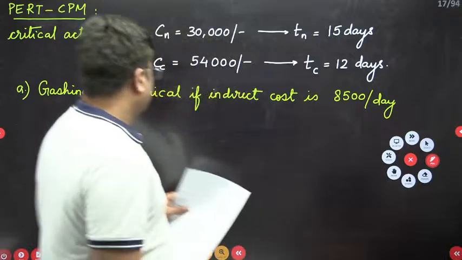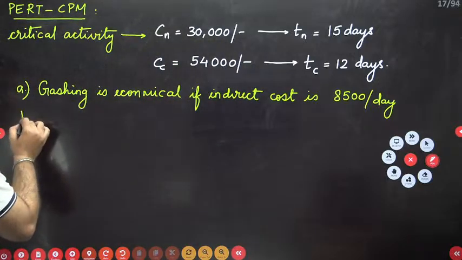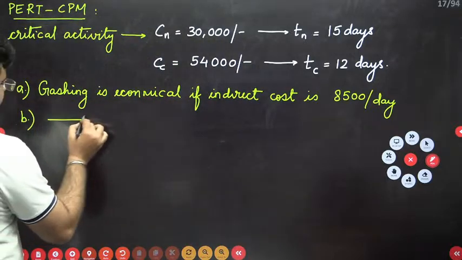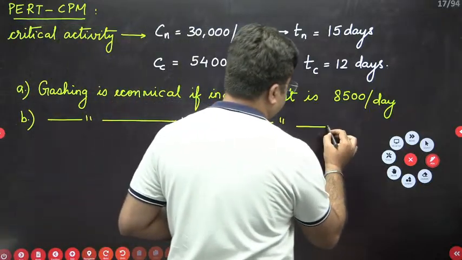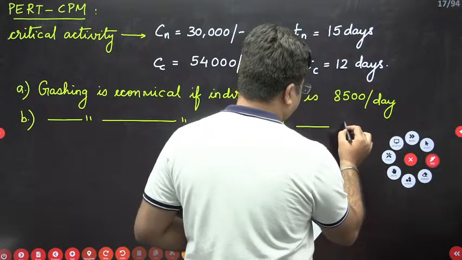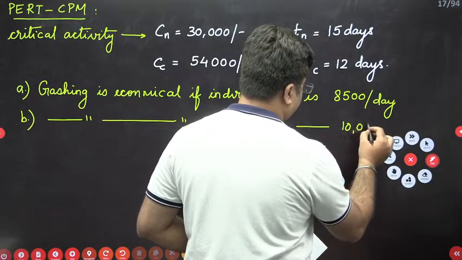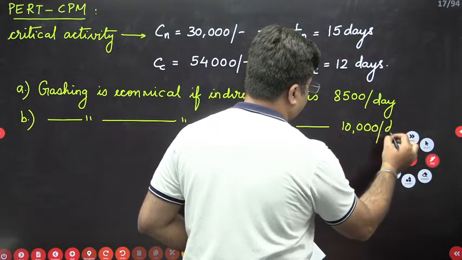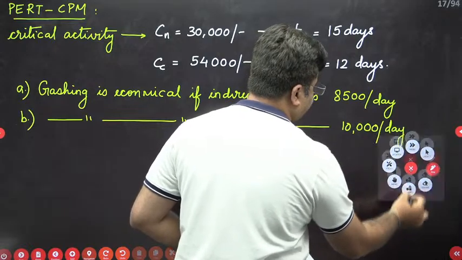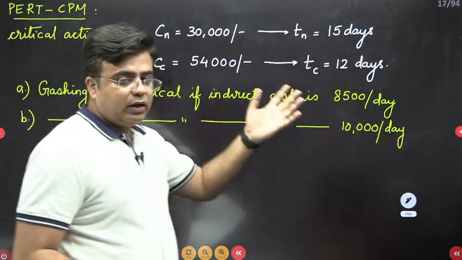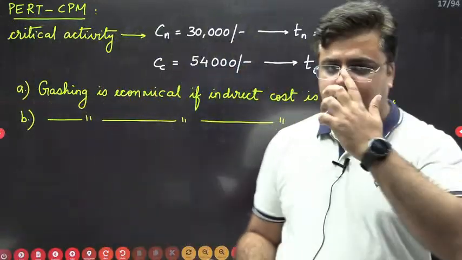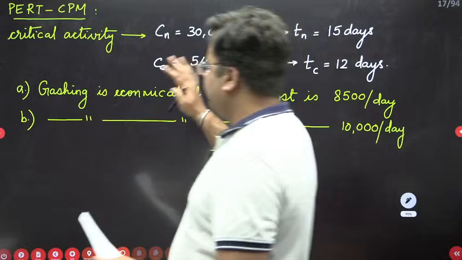And statement B says crashing is economical if your indirect cost is rupees 10,000 per day. So you need to check whether under normal duration your project will be economical or after crashing your project is economical. Okay, so for this we'll start one by one.